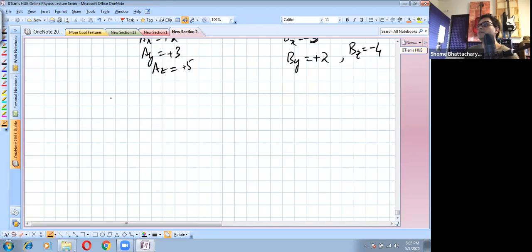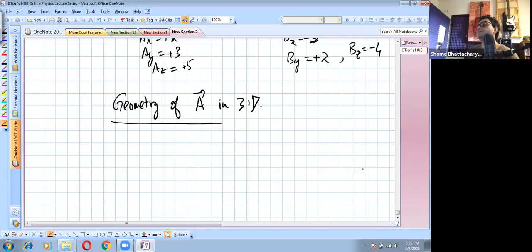Now let us understand, let's interpret the geometry of a vector in 3D system, in 3D components.